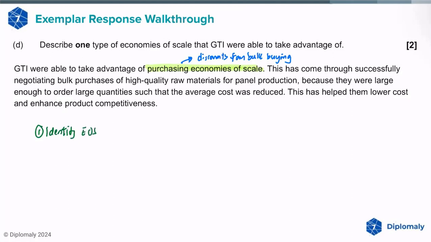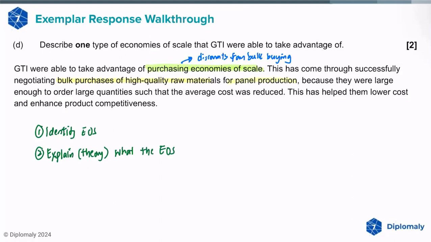And then in the second sentence is where you explain, and it could be in theory, obviously, what this EOS is about, right? So in this case, you can see that purchasing economies of scale here is being referred to bulk purchases of the raw materials for panel production.